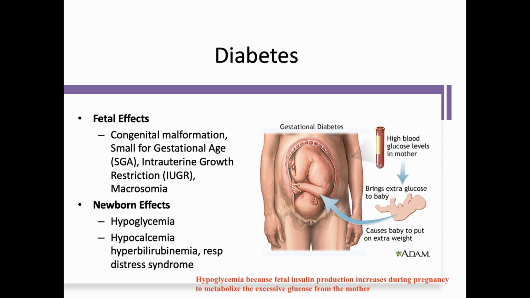The reason for that hypoglycemia in the newborn is that they had insulin production to meet their mom's needs. And now they come out and they don't actually need all of this because they are not attached to mom anymore. So that's going to drop their blood glucose.